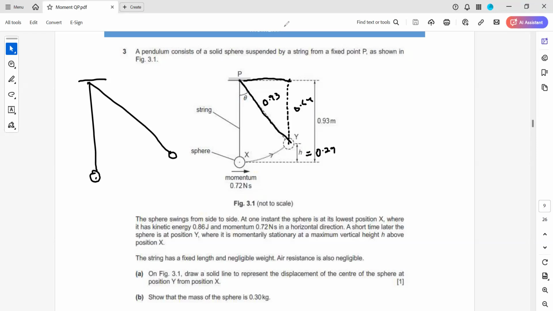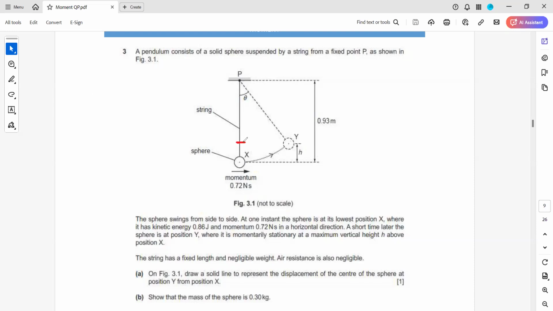And here we have a theta. The theta here will be the same as theta here. In short, this height when I subtract will be equal to 0.64, and this length is 0.93.